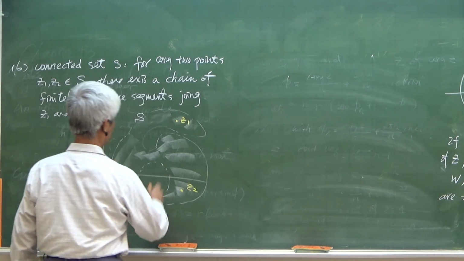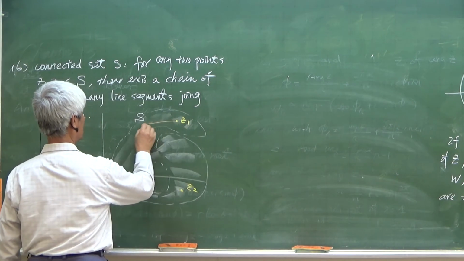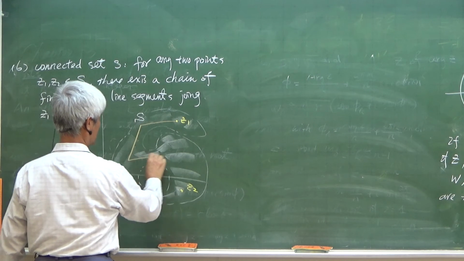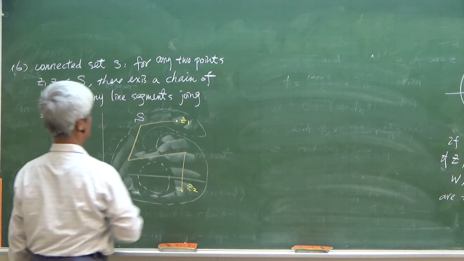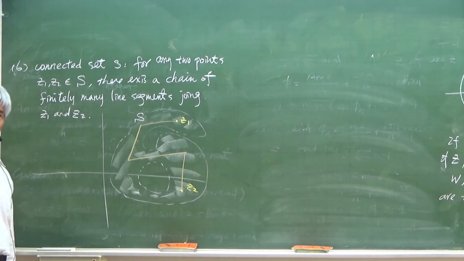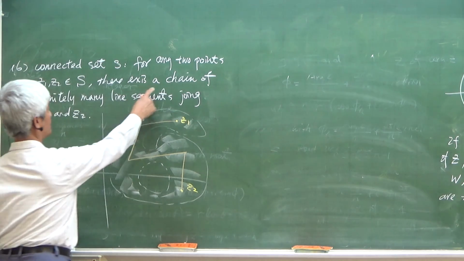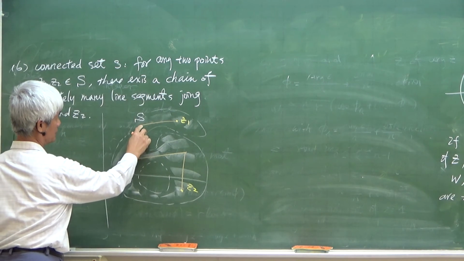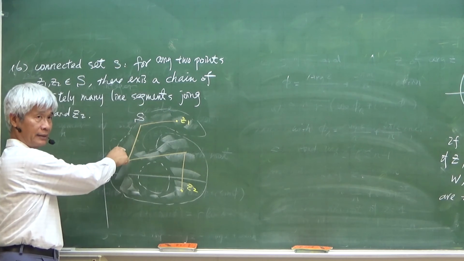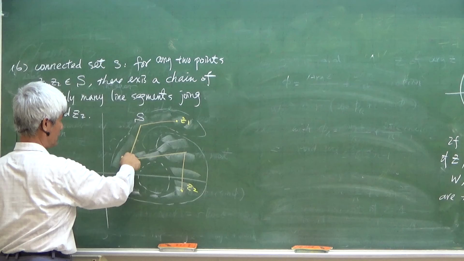So what is the line segment? Well, we can go here and then here, and here, and here. So we have 1, 2, 3, 4 line segments. And we say it's a chain, meaning that the end of one line segment is the start of another.